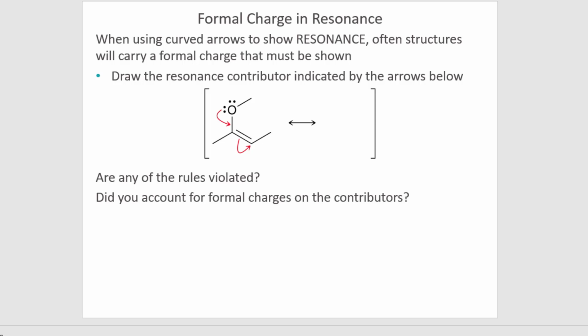Let's look at the arrow pushing for the resonance in the brackets. We're asked to draw the resonance contributor indicated by the arrows. So the arrows tell the story, okay? And again, I can draw all of these out without breaking any single bonds. So I'm going to draw the single bond framework because that's not going to change. It can't change.